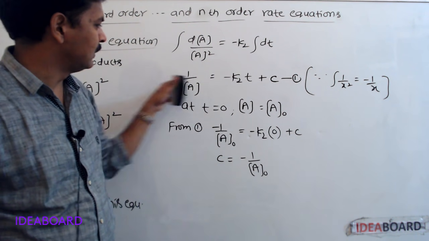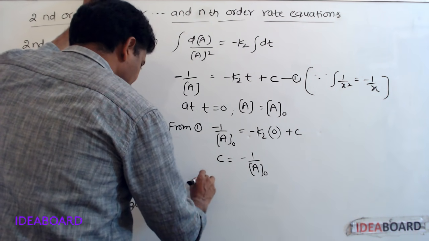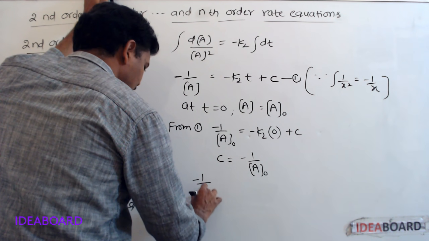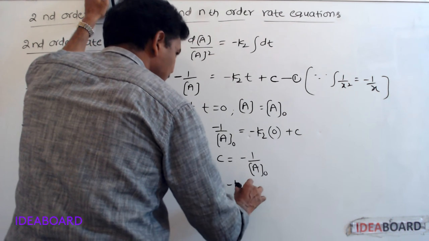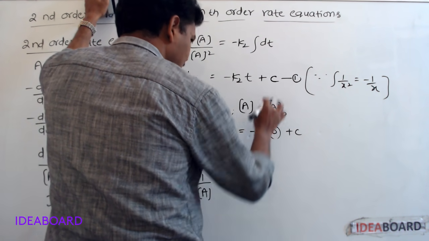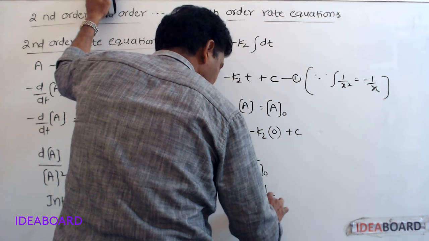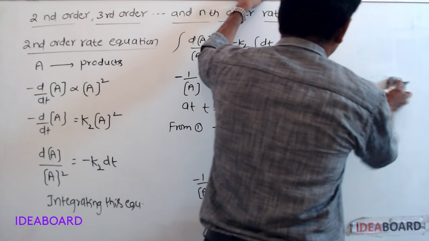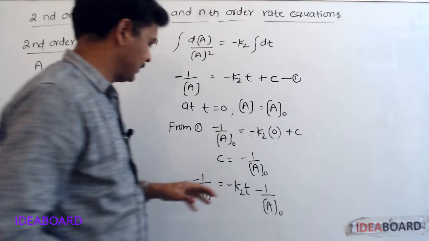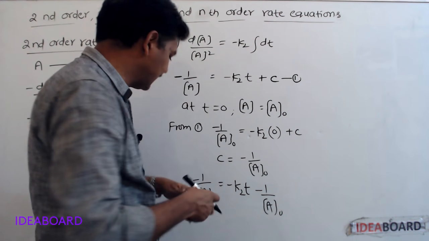Put this c value in the first equation. By putting this c value in this equation, minus 1 by [A] is equal to minus K2t, and this c is nothing but minus 1 by [A] naught. Minus 1 by [A] is equal to minus K2t minus 1 by [A] naught. That minus will get cancelled.